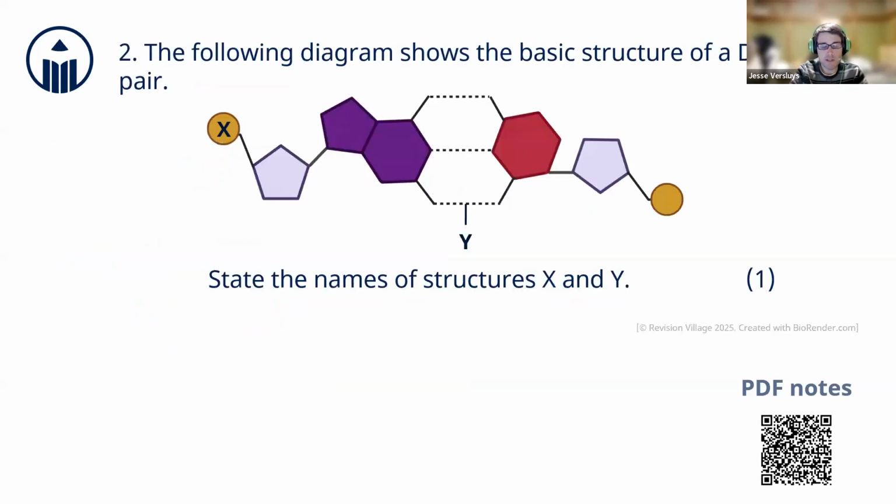Okay, here's a short answer question, just a 1-word answer. The following diagram shows the basic structure of a DNA base pair. State the names of structures X and Y. Sorry, you need 2 answers for this one, X and Y. So what's X right here and what is Y?